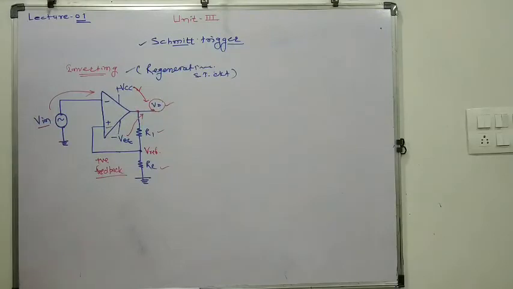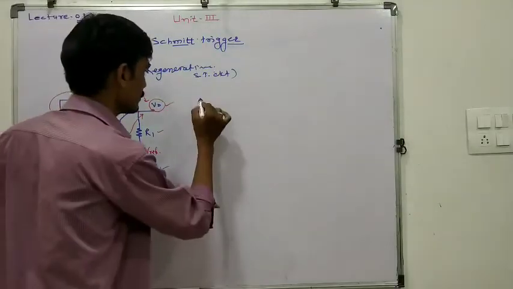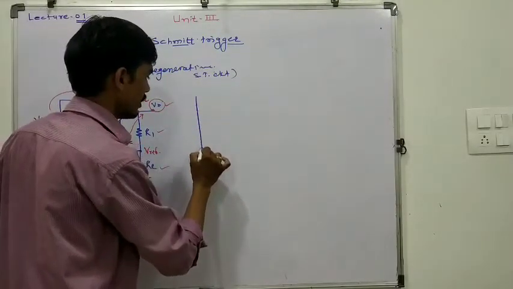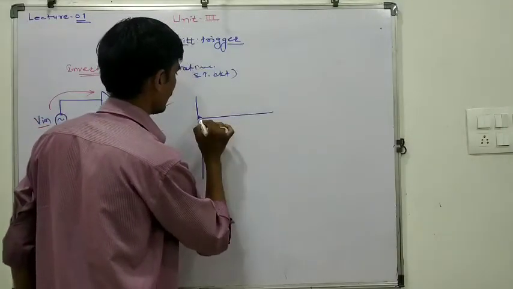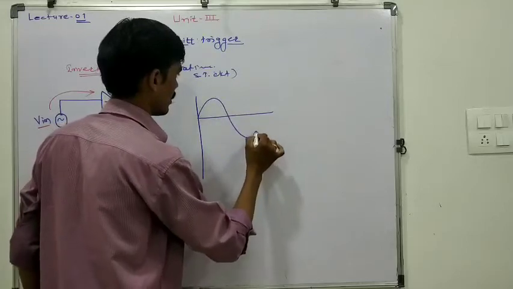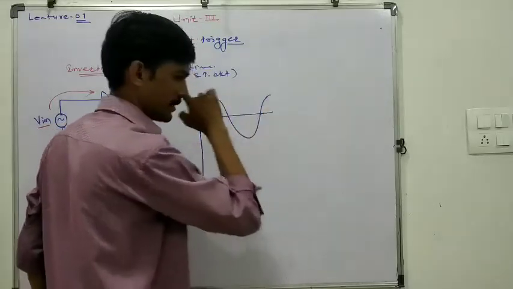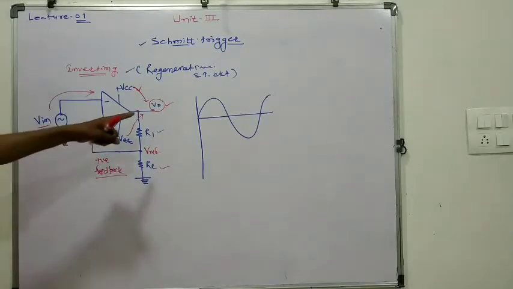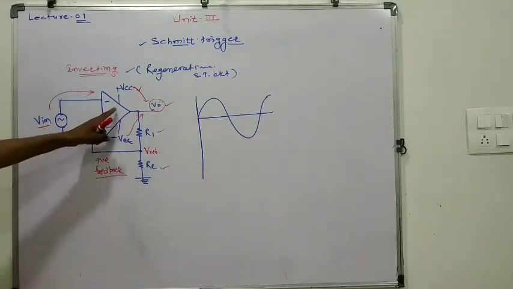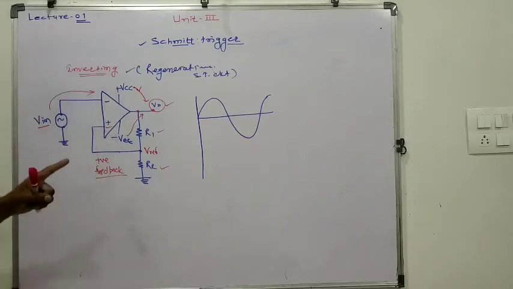Now let us take the example. We are providing one sinusoidal signal V to this circuit. That is nothing but an inverting Schmitt trigger circuit.